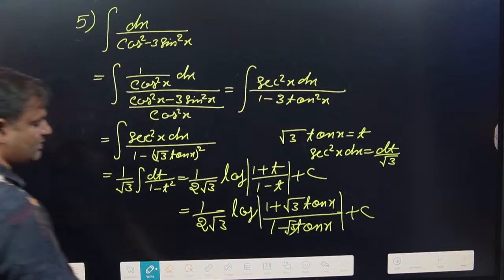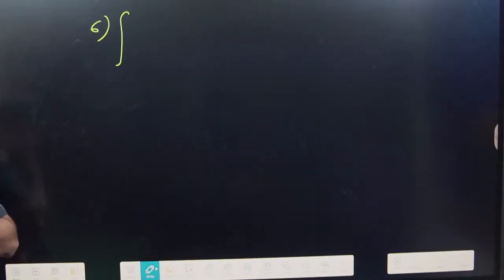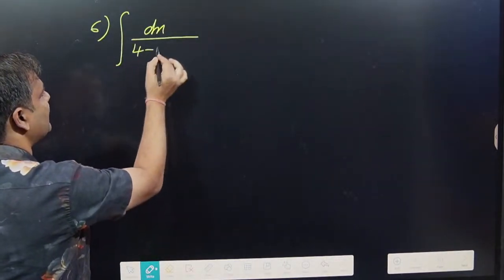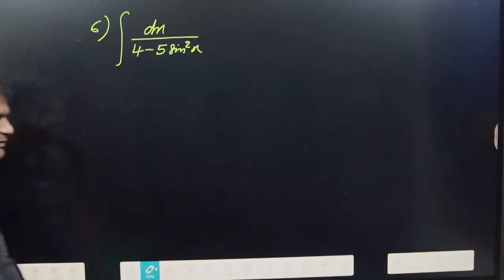Now, question number 6. dx divided by 4 minus 5 sin square x. I can do this question with a different approach.